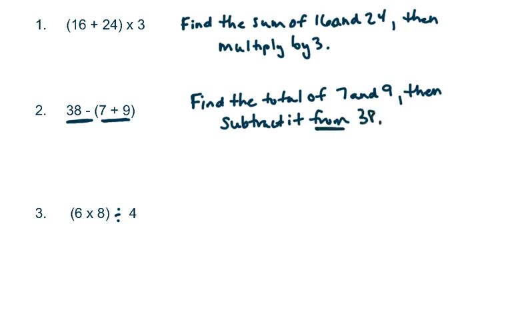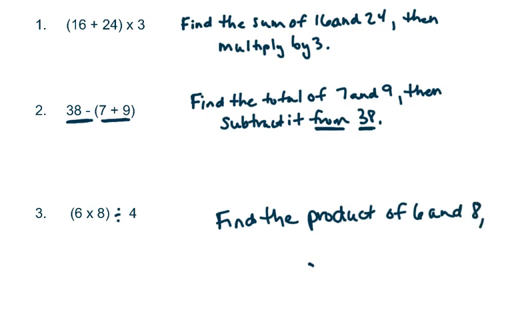Notice that from tells me I'm going to start here. And on example 3, I know I'm multiplying 6 and 8, so I'm going to say find the product, then divide by 4. Again, there's several different words that you could use for these equations. These are just the ones that I'm using for this.